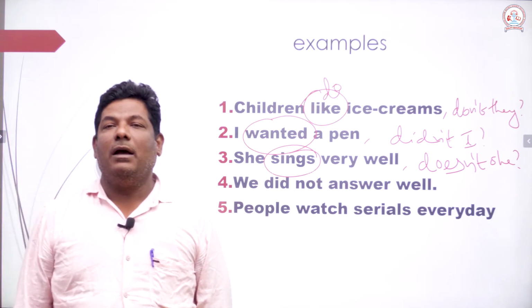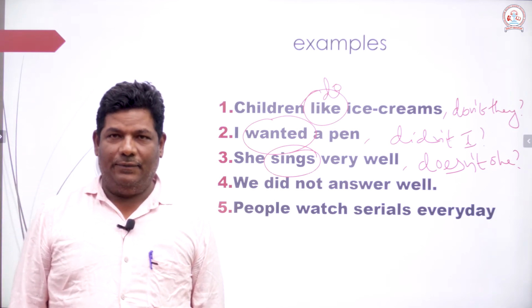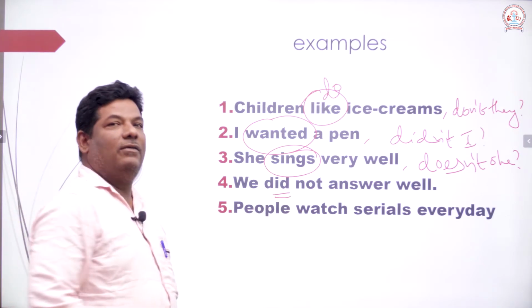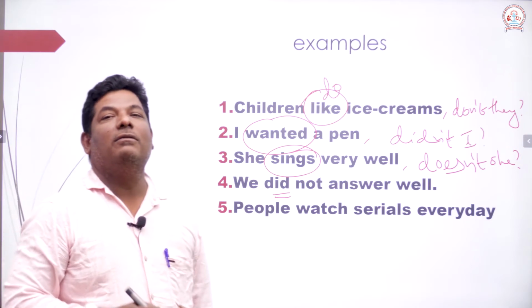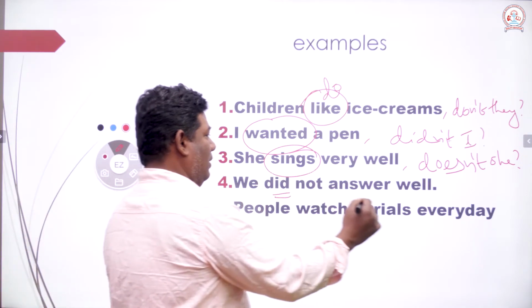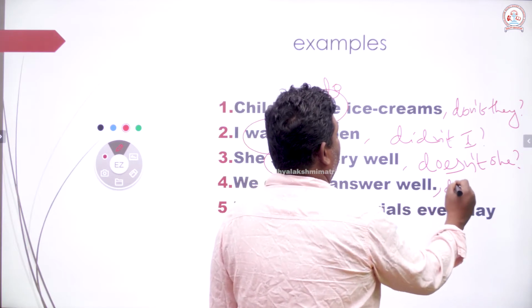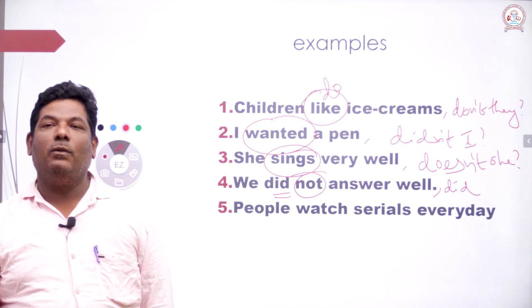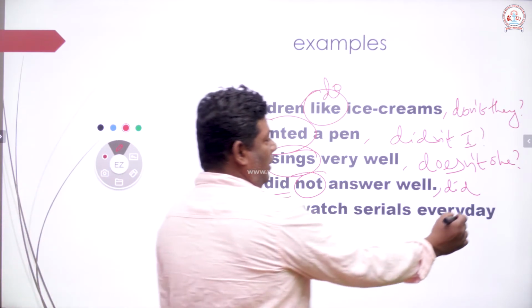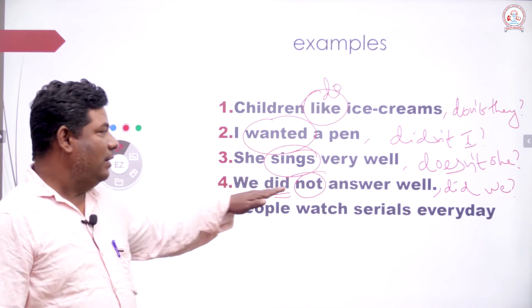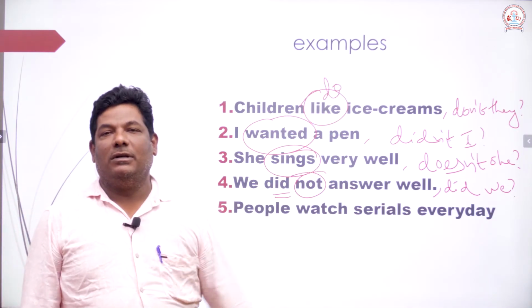We did not answer well, right. So, negative, did is the auxiliary verb given. Therefore, we have to use did only, nothing else. It's a negative sentence, therefore positive. Did we? Did we is the question tag because it's a negative sentence. So, we write a positive question tag, right.